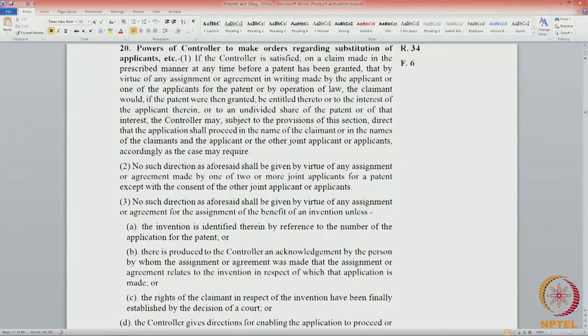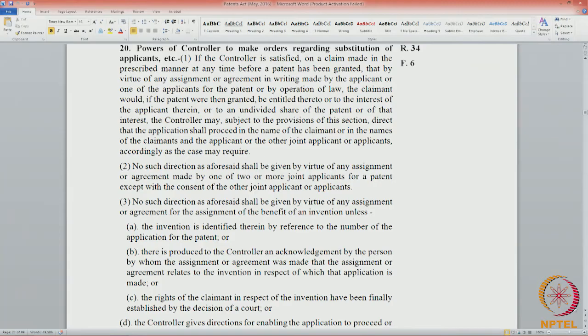An assignment is where you want to give a part of the right to another person. Then the controller will insist that the invention is referenced by the application number, because we are still in the application stage. So, the agreement should refer to the application number.